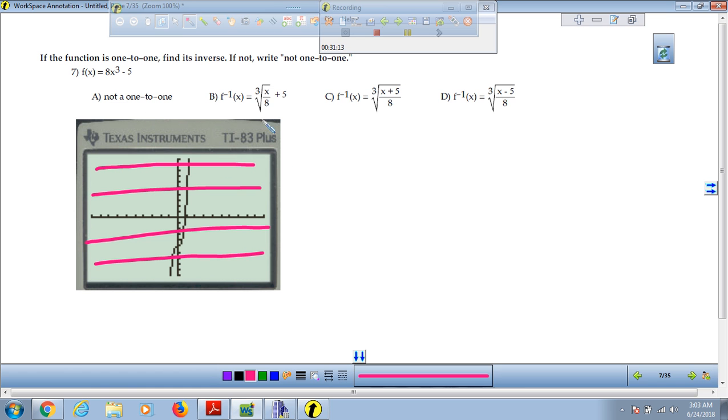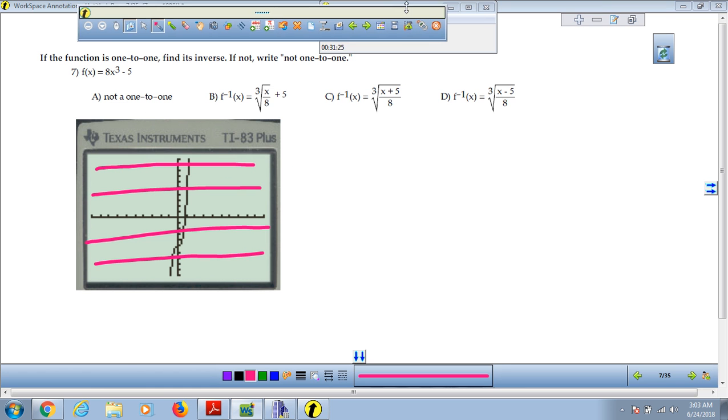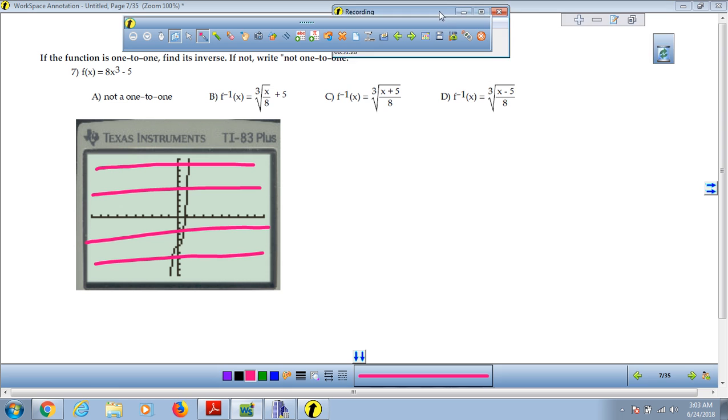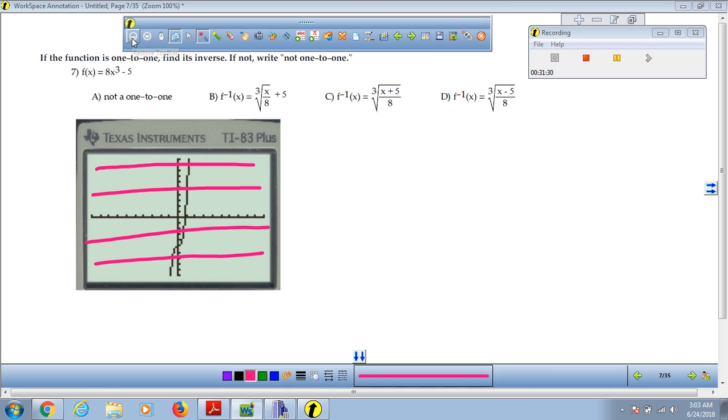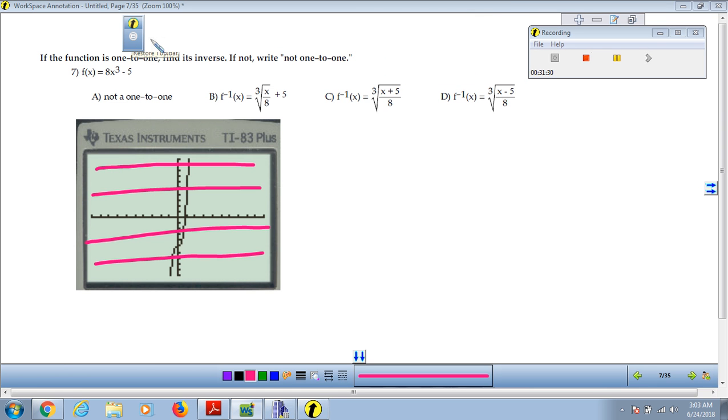Now it says if it is a 1 to 1, find its inverse. To be honest, if there is a question like this on the test, the question is not going to be to check if the equation is a 1 to 1. They may present to you a graph and say, check if this graph has an inverse. And if it has an inverse, it has to be a 1 to 1 function. But here the question is kind of tricky.